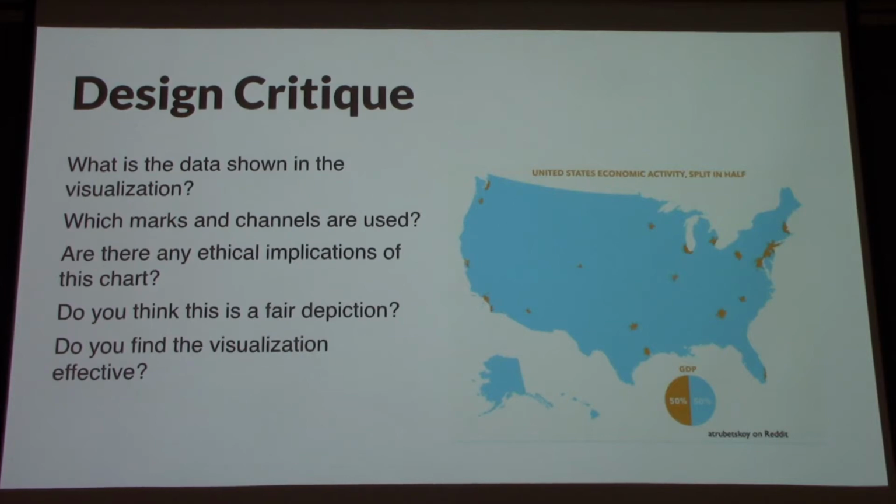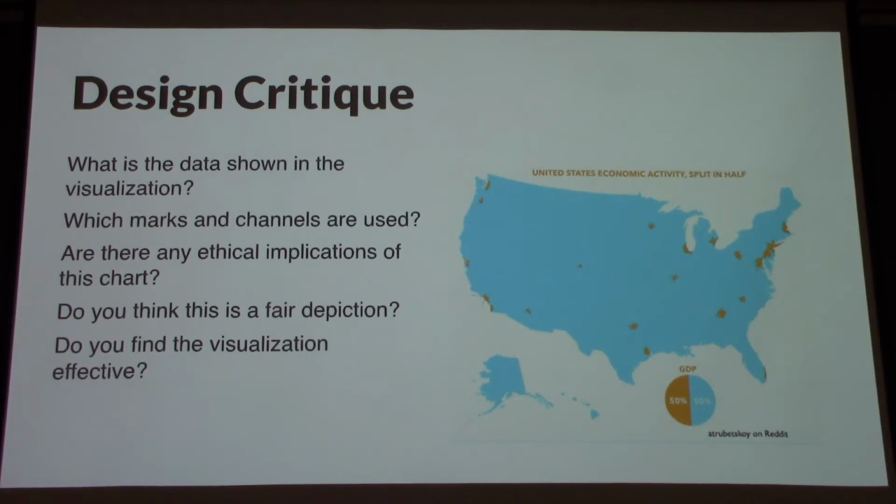But then, of course, are there any ethical implications of this chart? Really, I wanted to see you think about it. Does anybody want to say something about ethical implications, or whether you think this is a fair depiction? Any opinions? I think that since the division is completely arbitrary, this 50%, you could also shade one half of the country versus the other.